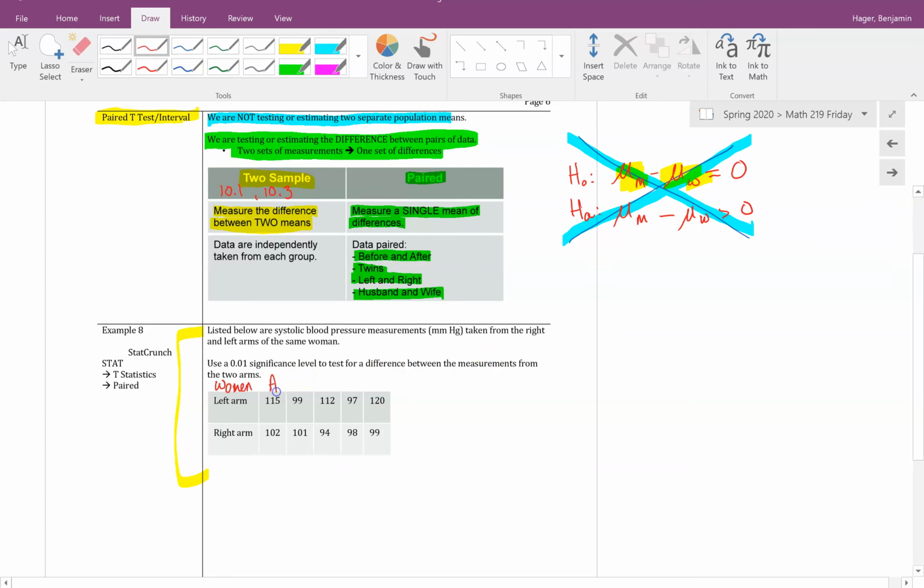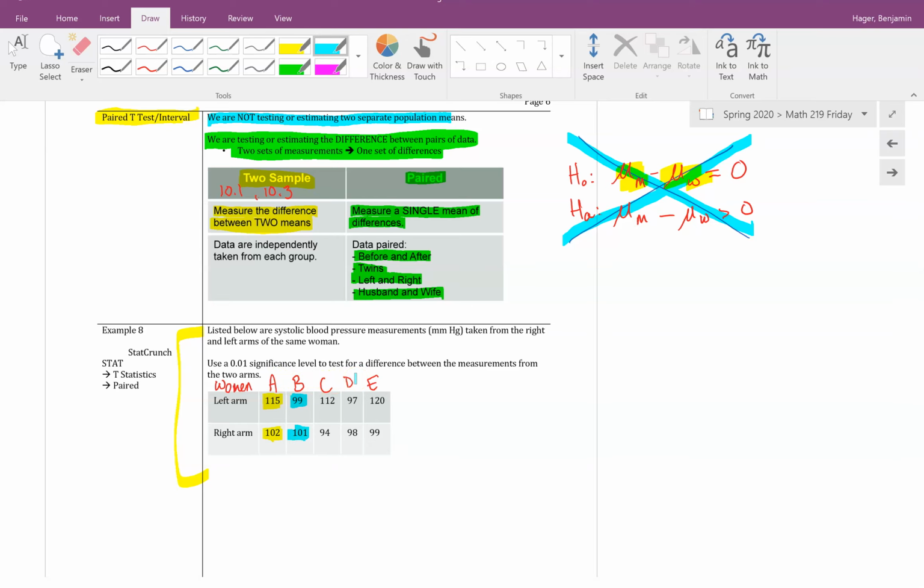And so maybe we have person A, person B, person C, person D, and person E, right? And so this represents the blood pressure taken from the left arm of person A versus the right arm of person A. And this represents the blood pressure taken from the left arm of person B versus the right arm of person B, and so on. So we're only looking at 5 people here, right? A, B, C, D, E. Those are my 5 people, women that we're looking at.